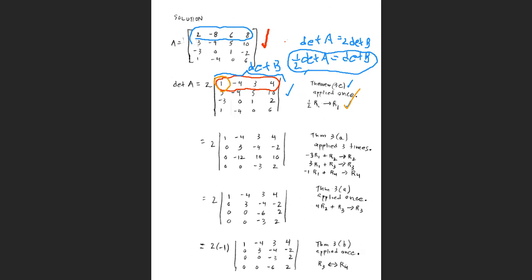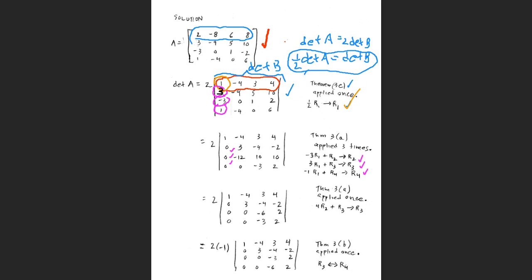Now what we're going to do is endeavor to get zeros where the 3 is here, and the -3 is here, and the 1 is here. I do that by doing these row operations: -3 times row 1 plus row 2, replacing the result in row 2, and then the other 2 row operations. You've done this plenty of times, you know how it works. By doing that, you get zeros in those spots in the first column.